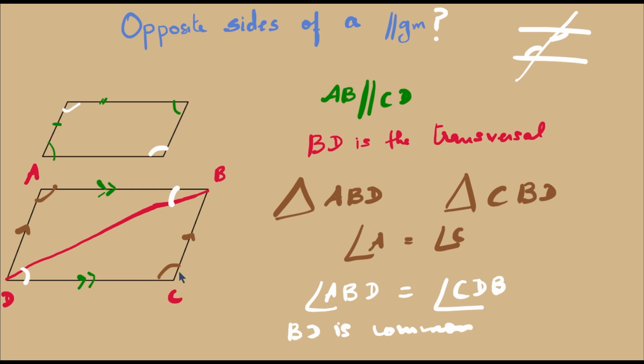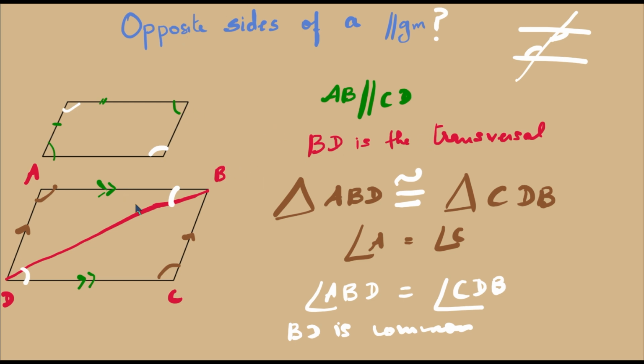So we can say that both these triangles are congruent to one another. So we conclude that triangle ABD is congruent to triangle CDB. Because these two angles are equal, I'll have to alter it a bit. So we have established the congruency between the two triangles.